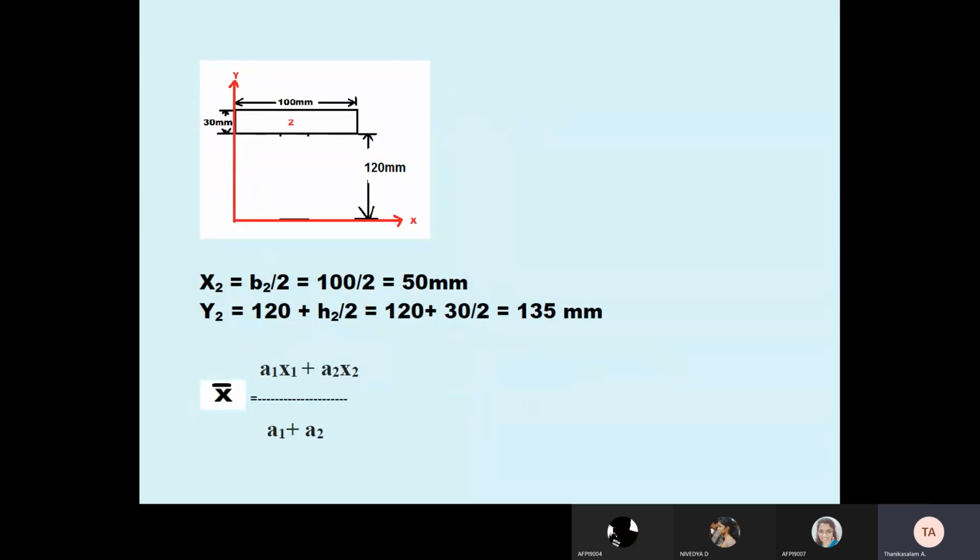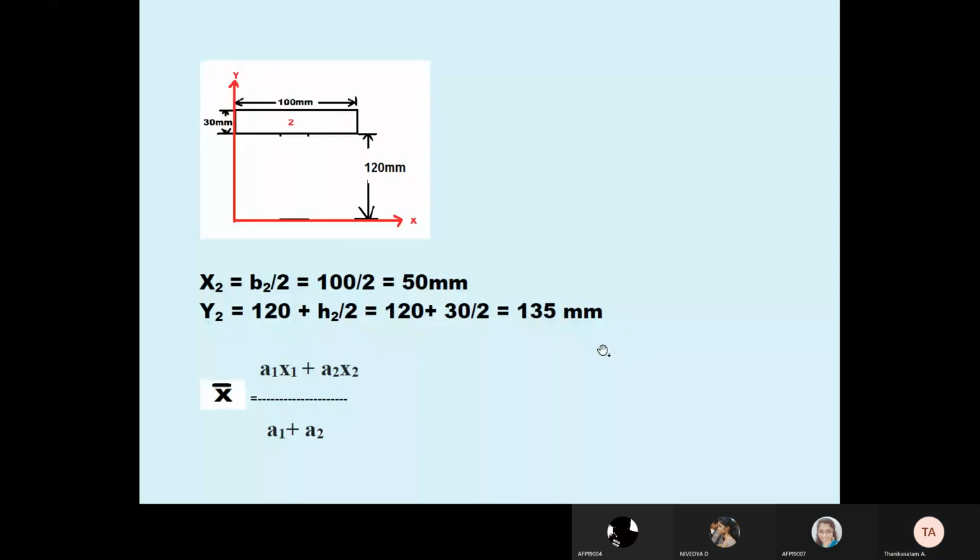Therefore, direct formula, b2 by 2, 100 divided by 2. Now see y2. For y, which is the reference axis? X-axis. How much distance away is the section? 120, so I have written 120, plus the center formula, h2 divided by 2, 30 divided by 2.